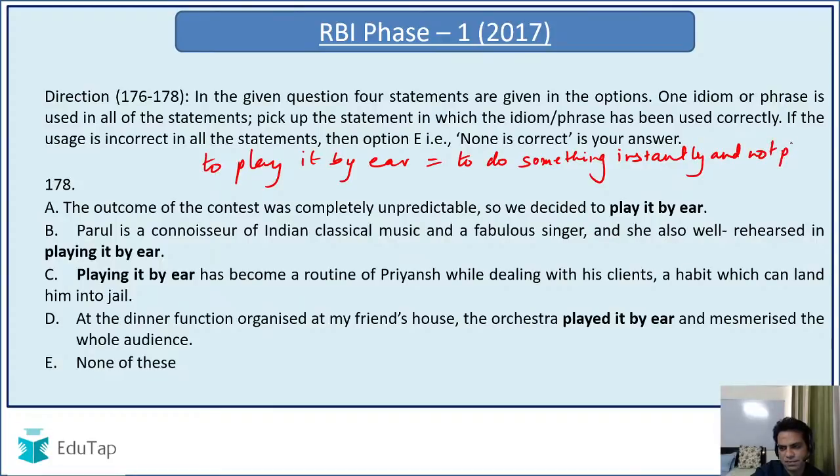So basically, playing it by ear means, guys, you do something according to the situation in front of you. You do not have any plan for something, and when you do things as you face them, that's what we call to play it by ear, right?